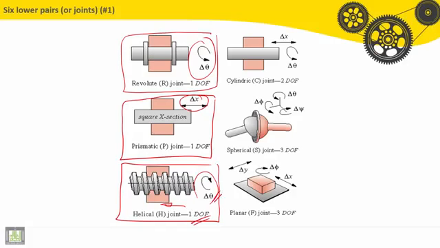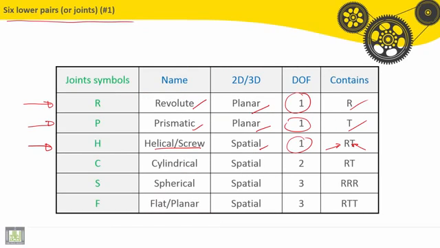This rotation and the translation are directly linked, so the degree of freedom for this joint will be 1 degree of freedom for position control.